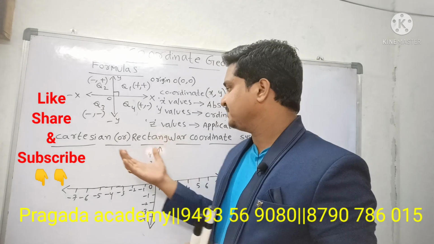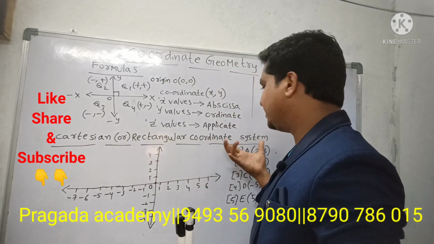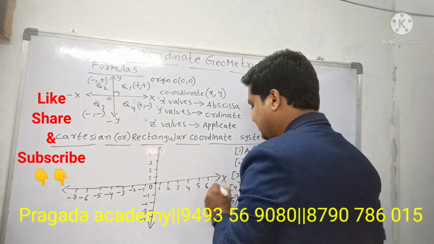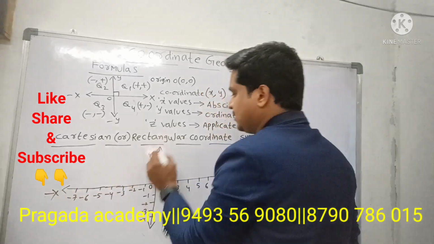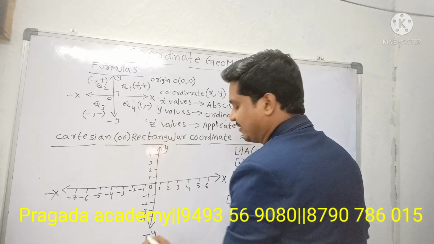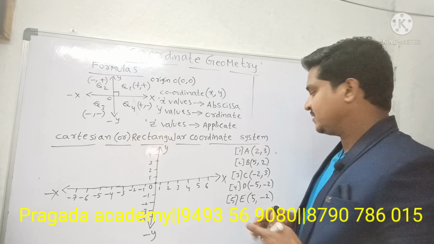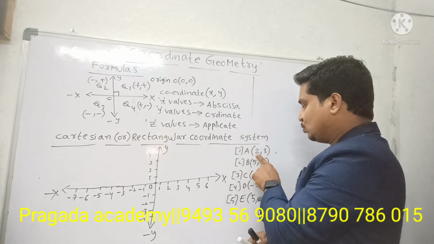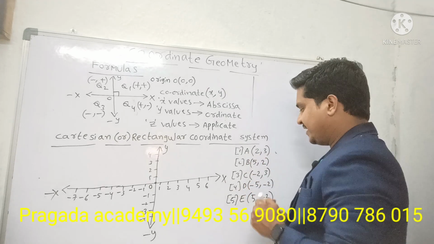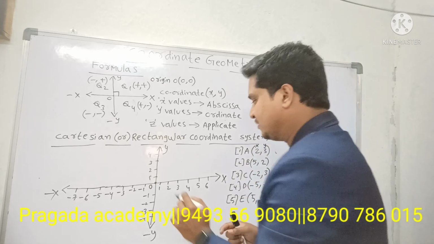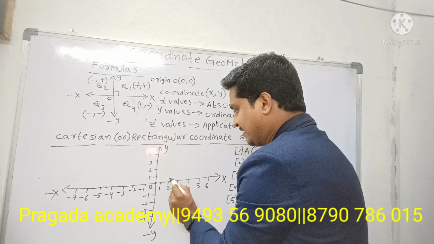Coming to the Cartesian or rectangular coordinate system, I represented the x-axis with plus x values and minus x values, and plus y values and negative y values. Here I want to represent points on these axes. Suppose they give capital A as 2 comma 3, meaning x value 2 and y value 3.